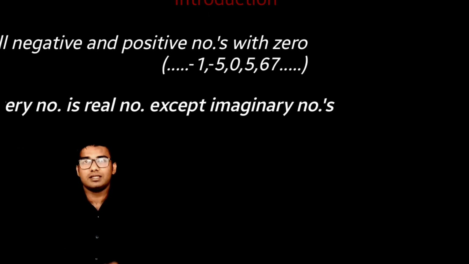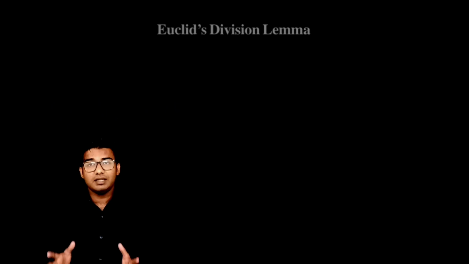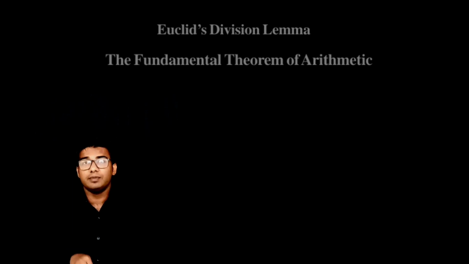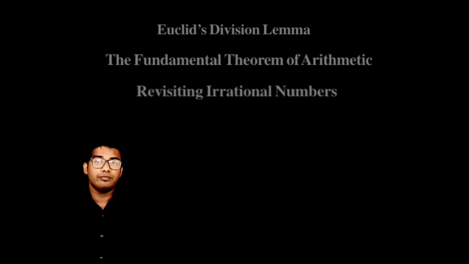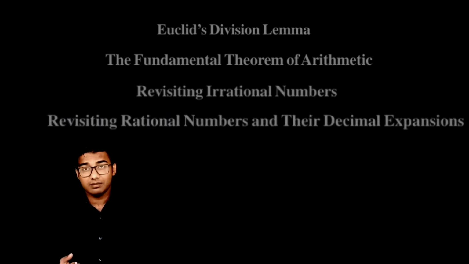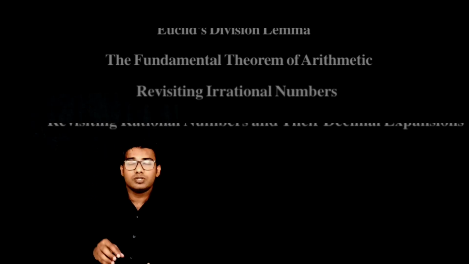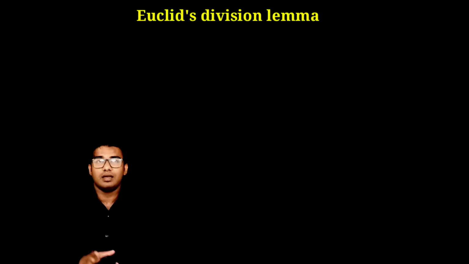What we have to study in this chapter is Euclid division lemma, the next is fundamental theorem of arithmetic, then revisiting irrational numbers, and also revisiting rational numbers and their decimal expansions. The first thing is, what is Euclid division lemma?